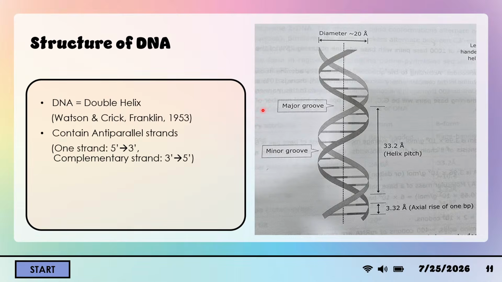It contains anti-parallel strands, which means both the strands are complementary to each other. So if this particular strand, just follow my laser, is represented from 5' to 3' direction, the dark gray strand, which is the second strand, will always be 3' to 5' end. You should always remember that the DNA double helix strands are complementary to each other, and this is precisely the property which is also being used.